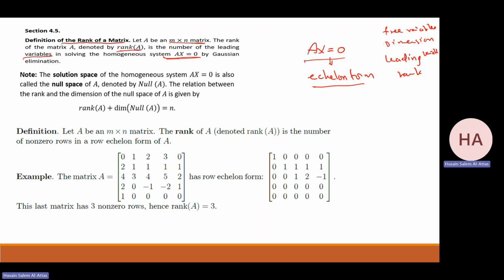Also, we define the solution space of this system as the null space. Remember, we talk about the basis for this space, called the null space.